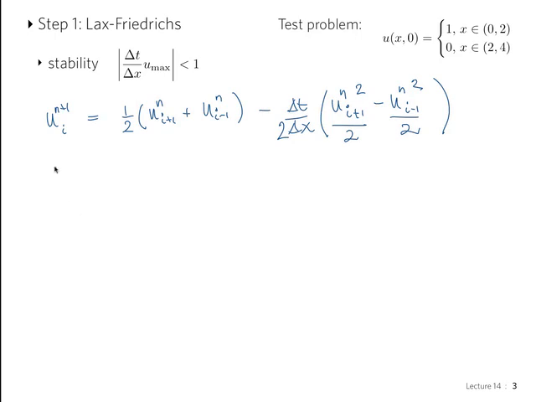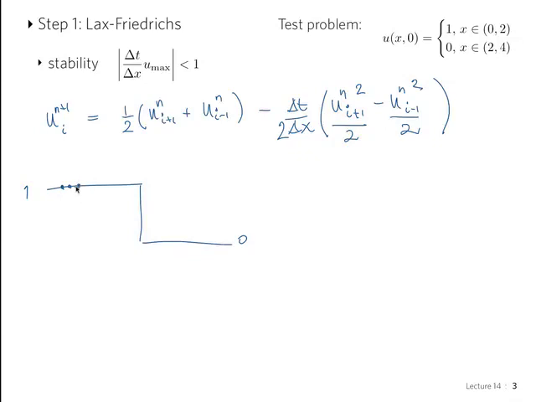So what happens for our particular test problem, a very particular case where we have the value 1 and the value 0 everywhere else? At every point down here, the velocity at the 2 points is always equal. So this is going to cancel out because these two values are equal, and this is just the average of 2 points that are the same value, so it's just the same value.